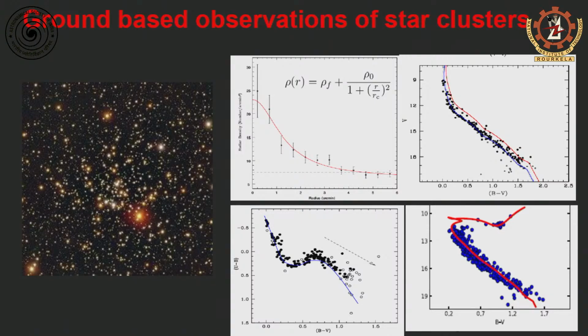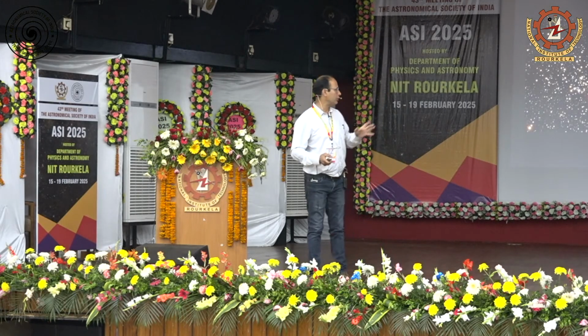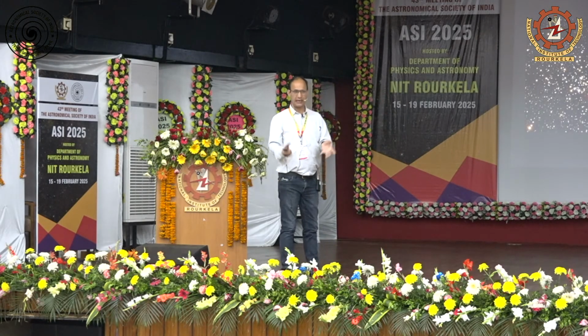The beauty of the star cluster is you don't need a very large telescope. You can have a small telescope and you can monitor these stars. The only thing is that with a small telescope, you will see only the bright stars of the cluster, and as you have bigger telescopes, you will go fainter, meaning lower mass. But you can do this kind of work with any telescope.